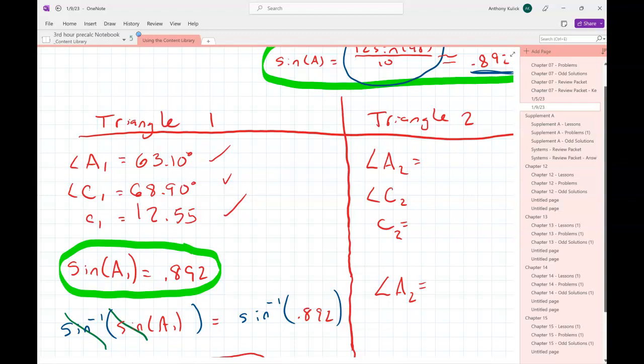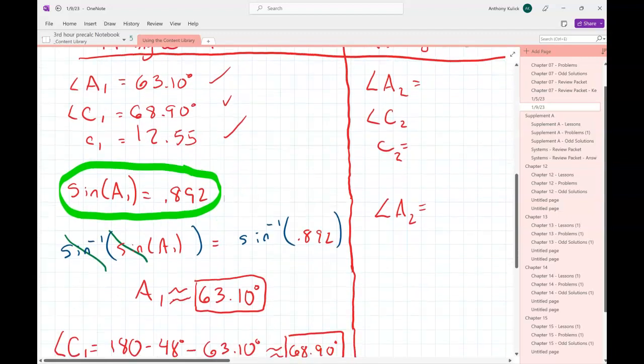It's really important to keep our work straight and know what numbers go in what triangle. Oftentimes I see students have problems just because they're not organized and they're confused about what belongs where. So I try to be really clear and organized when I'm doing this.